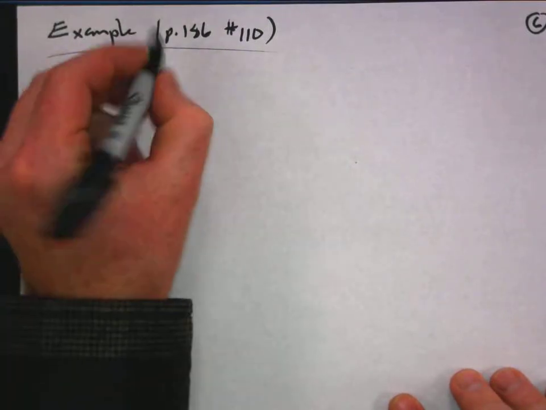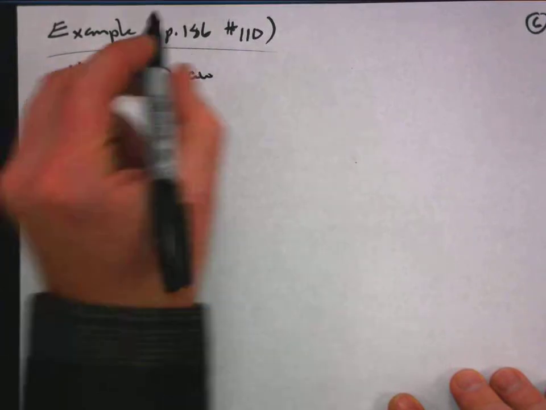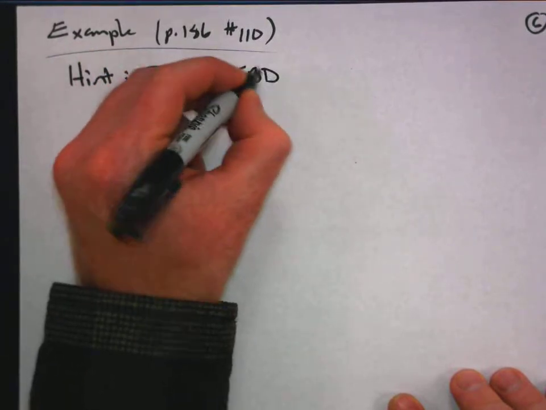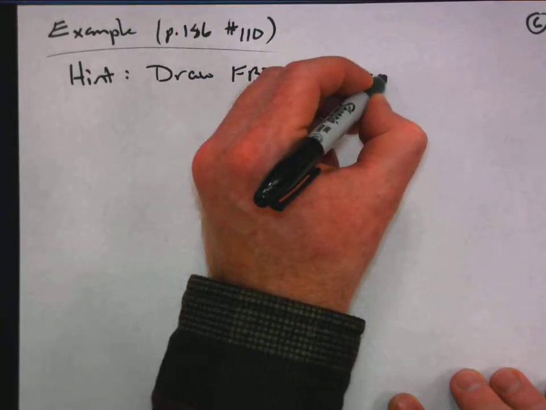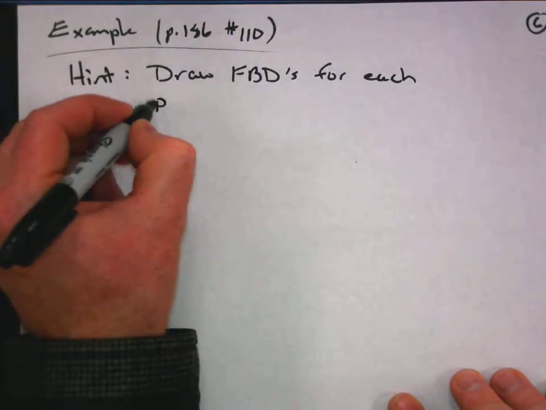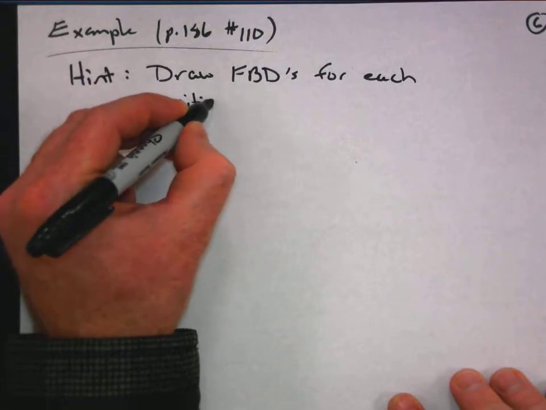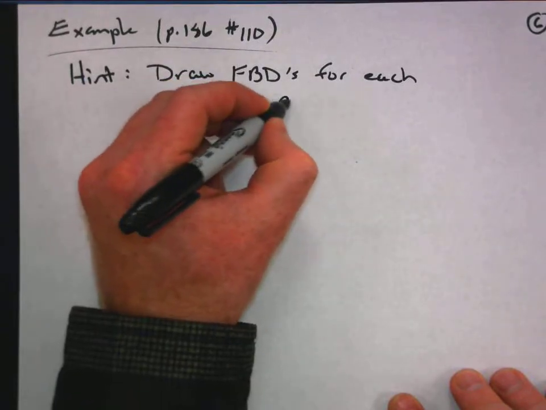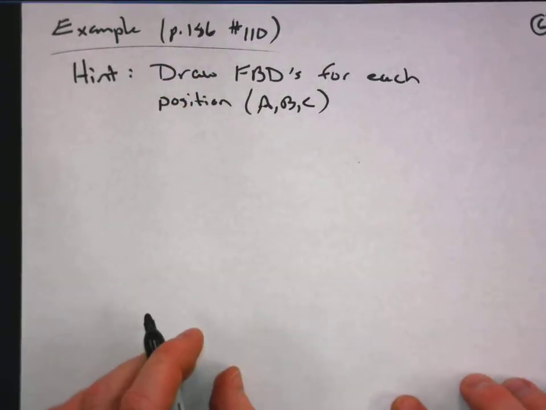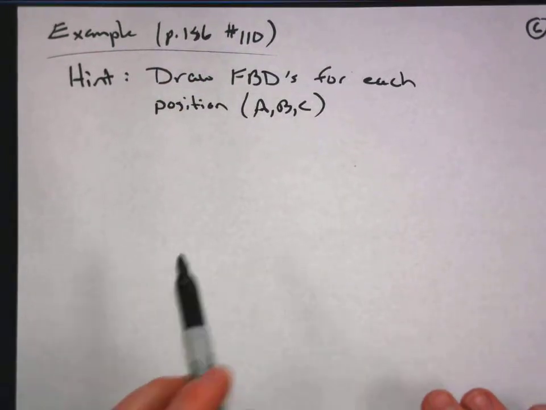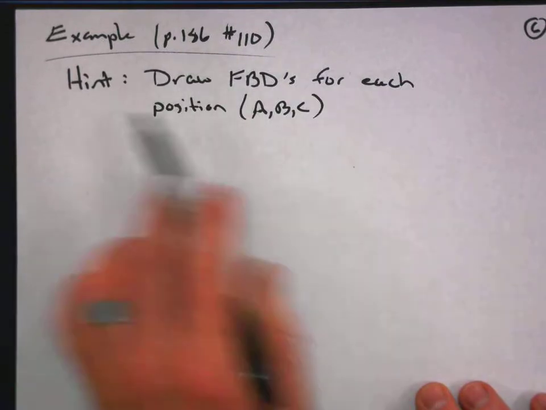A hint for this question. I want you to draw free body diagrams for each position. There are positions A, B, and C that are illustrated in the question. You'll see what's going on. As soon as you read the question, this is going to make total sense to you.